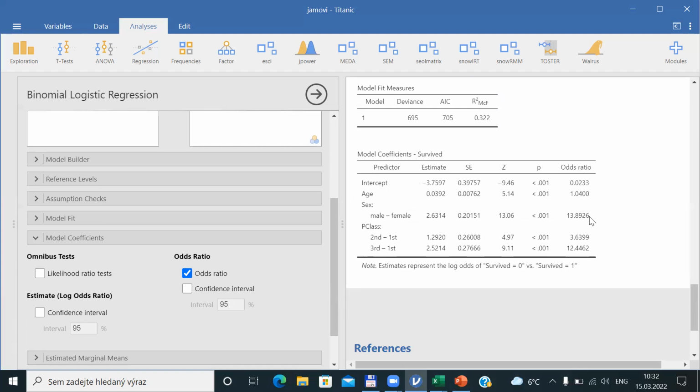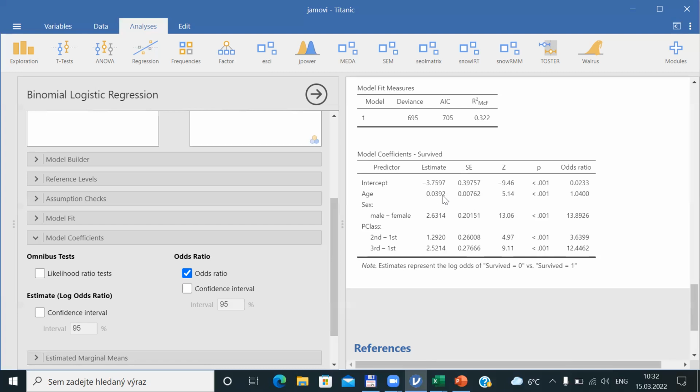So it means that the structure of male and female in different classes was unequal. And currently, we have the pure effect of being male versus female for dying on Titanic, which is nearly extreme: 14 times bigger odds ratio for male than for female. So that's it.